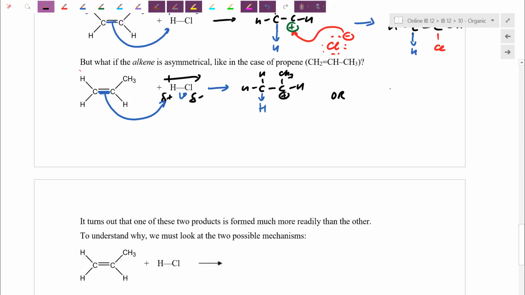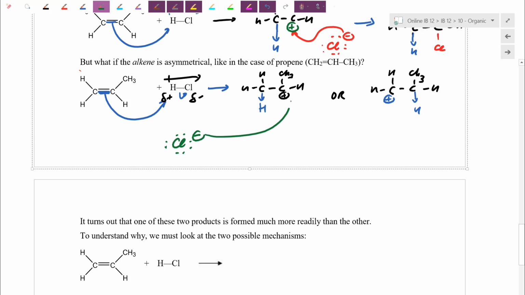Or, because it's asymmetric, you'll actually be able to see the difference. What if I had the hydrogen add to the other side? In both cases, you will form a carbocation. That's fine, no problem. But it's going to be important now because we're asymmetric. Now that we have a chloride, the chloride is just going to add to the carbocation.